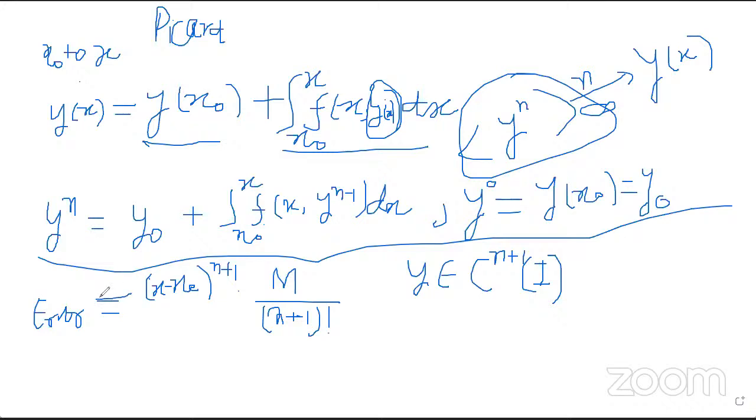So error will be less than or equal to (x minus x naught) power n plus 1 times M divided by n plus 1 factorial.